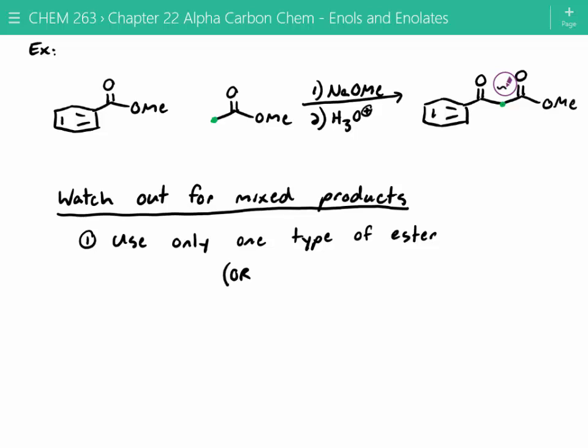Or you can do route 2, where you use the LDA method. And do you guys remember the LDA method from yesterday? Yeah, exactly. So you take one ester with alpha protons, you drip it into LDA, make that the enolate exclusively, and then add your second ester.